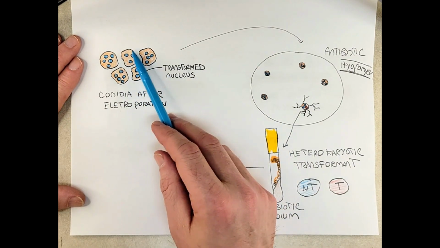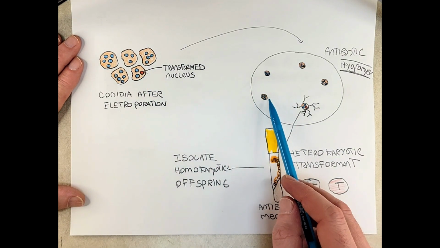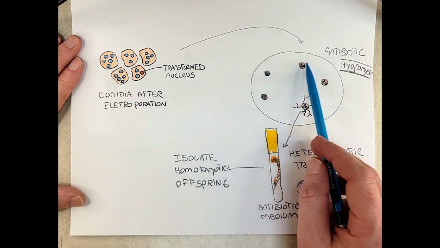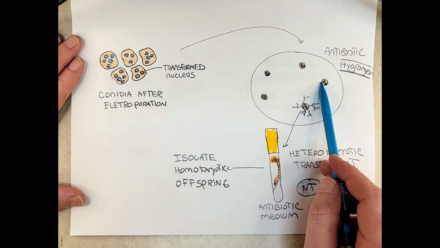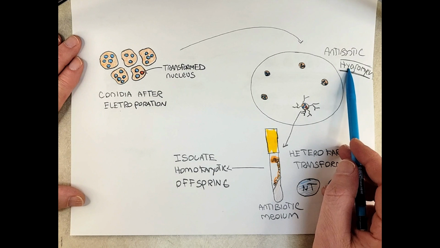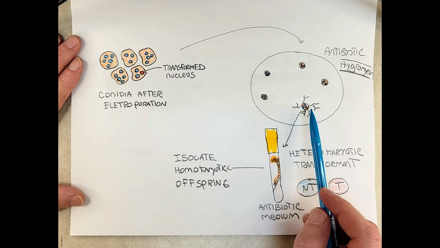And so if these represent 10 million conidia and only this one is the transformed nucleus, all of those millions of conidia won't germinate, they won't grow because they're not resistant to the hygromycin. They don't have the hygromycin resistance gene. But this one right here with the transformed nucleus has that resistance gene, so it's able to grow on that medium.